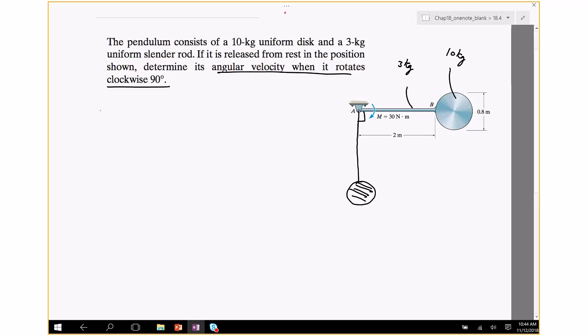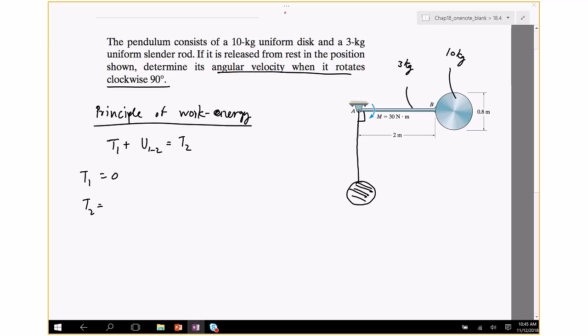So principle of work energy: T1 plus U12 equals T2. Since the rod starts from rest, T1 is 0.